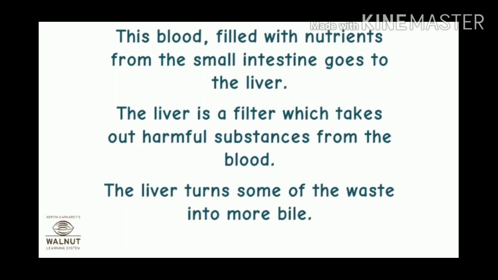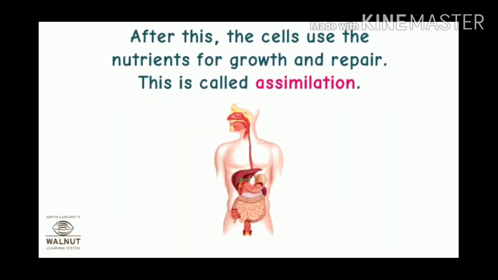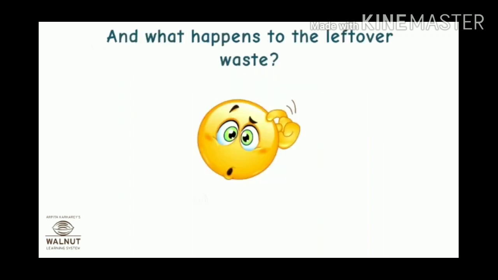The liver is a filter which takes out harmful substances from the blood. Liver turns some of the waste into more bile. After the process of absorption, the cells use the nutrients which are digested in the small intestine for growth and repair. This is known as assimilation.